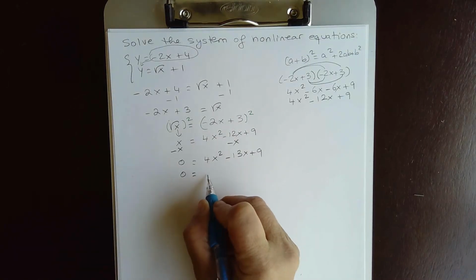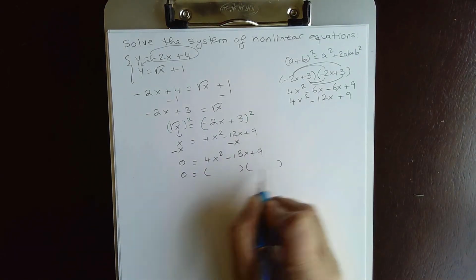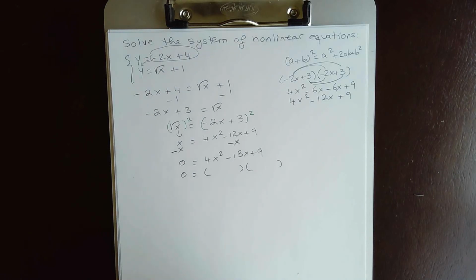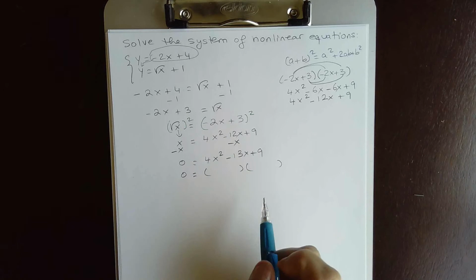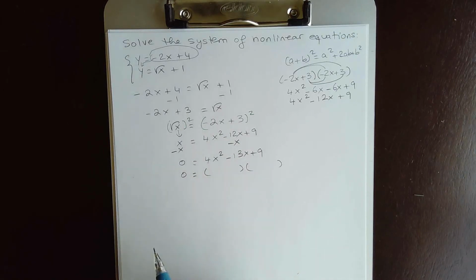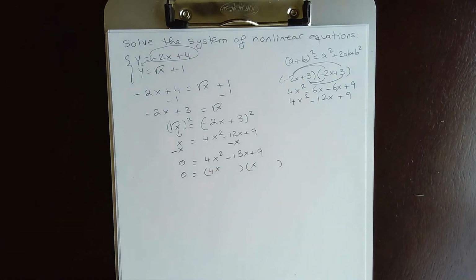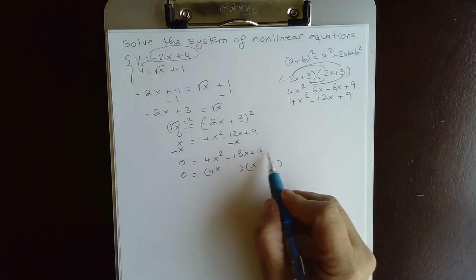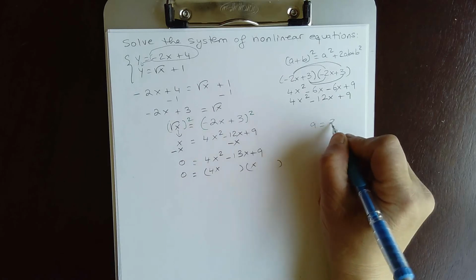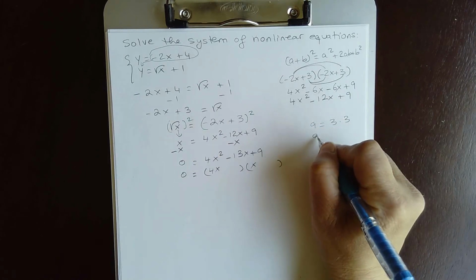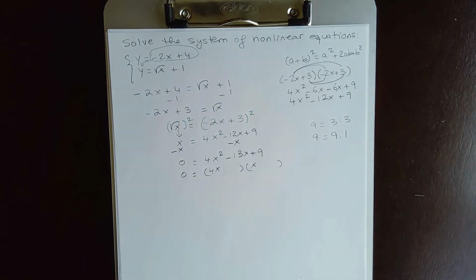So let's see, we have 4x squared, that could be 2x and 2x, or 4x and x. Since this is not a perfect square trinomial, I'm going to use 4x and x. 9 is 3 times 3, or 9 times 1.